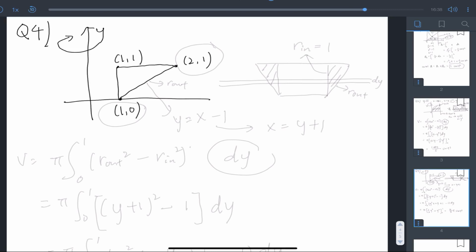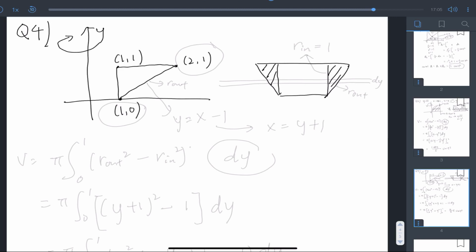When you revolve around the y-axis, the side of the object looks like this. But if you look at the top side of it, there is actually a hollow, and this is the solid object, and there is a hollow like this. So now you can also form an integral to find this volume.